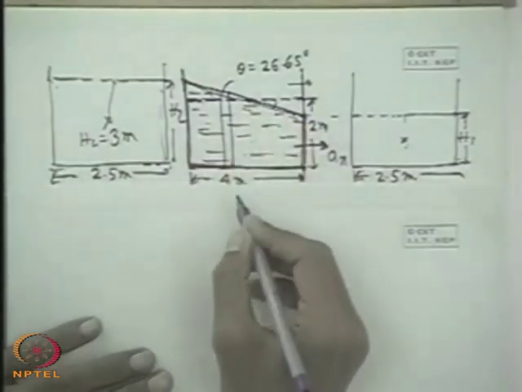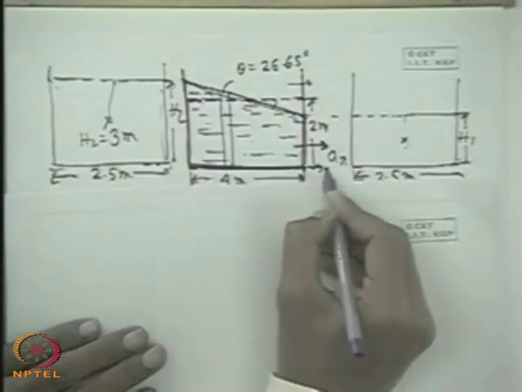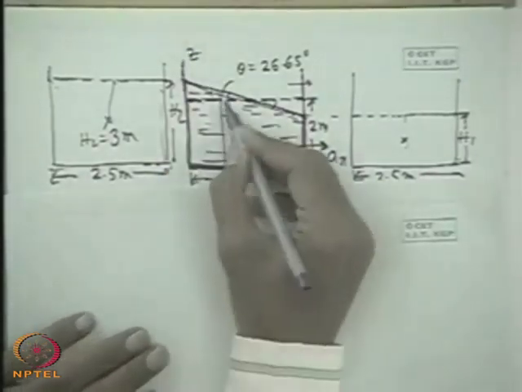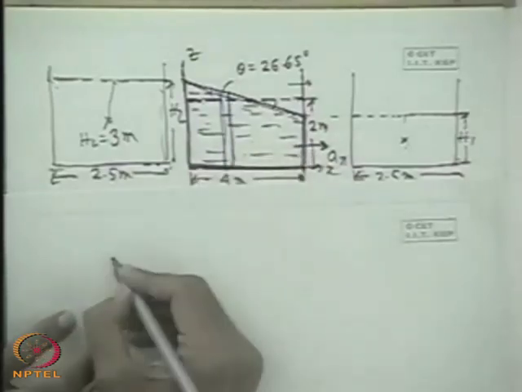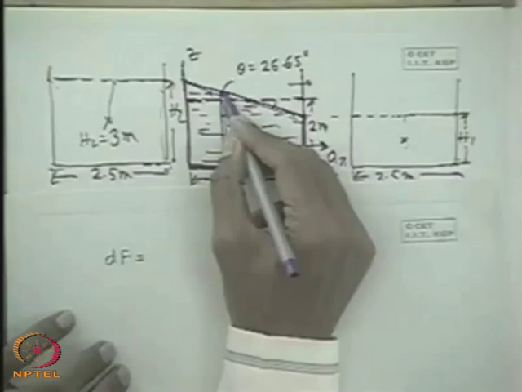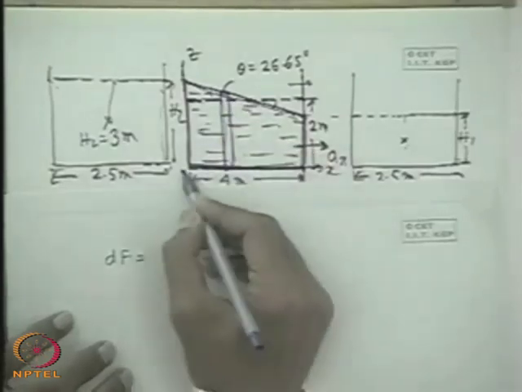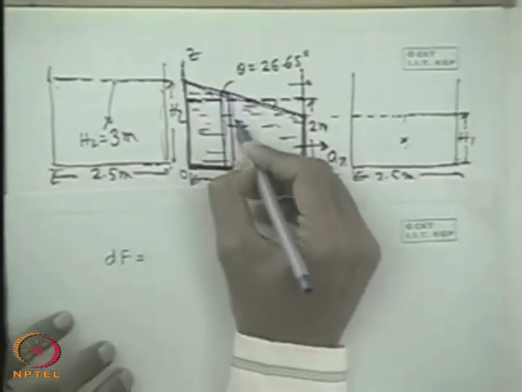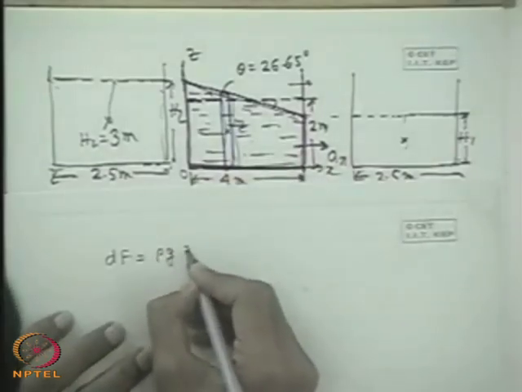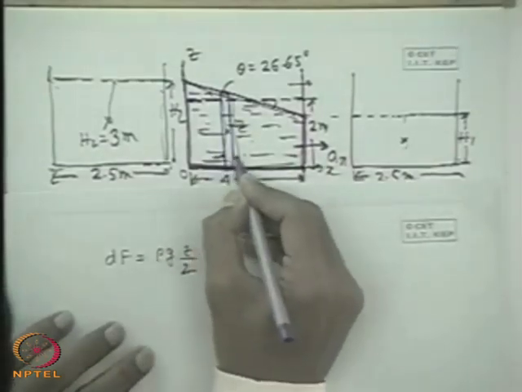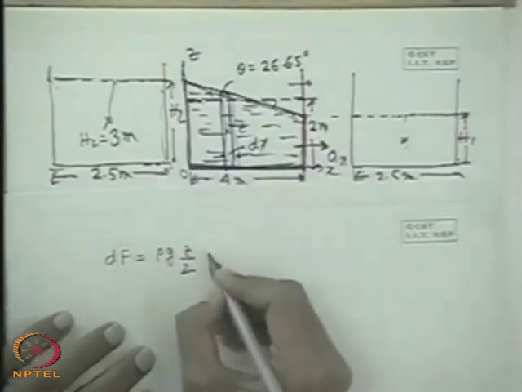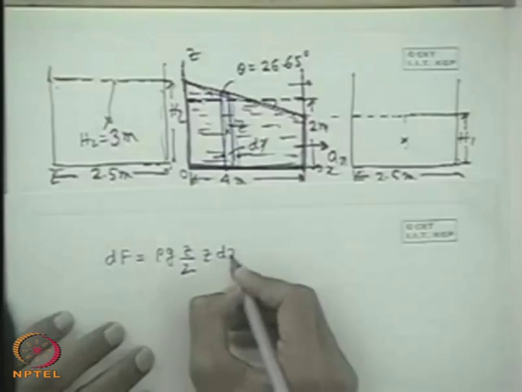For this purpose, I define this as the x-axis and this axis as the z-axis. So for this strip, the force dF is what? If this is z, this coordinate of the free surface with respect to this x-axis is z. So the center of area is z by 2, so rho g z by 2. And its area, if we define this thickness as dx, because this is the x direction, is simply z into dx.